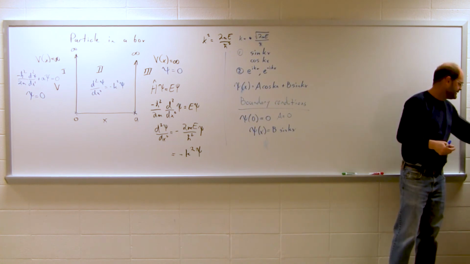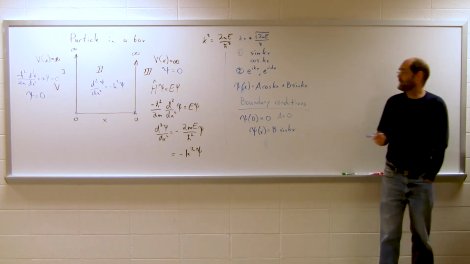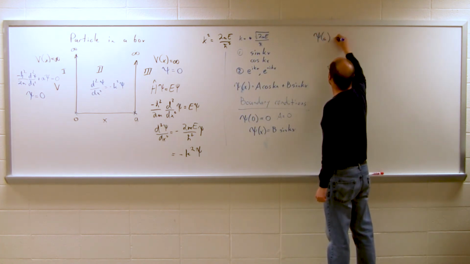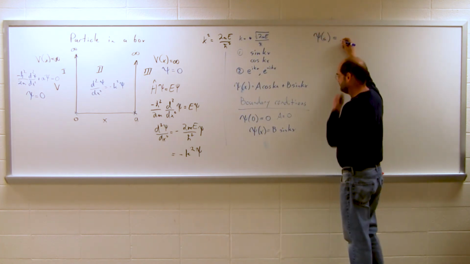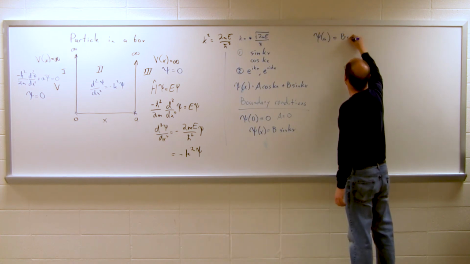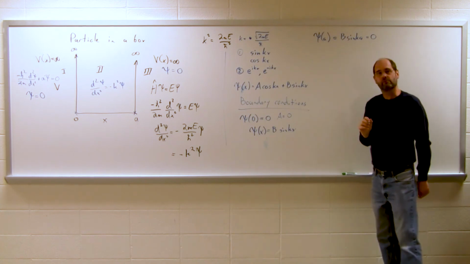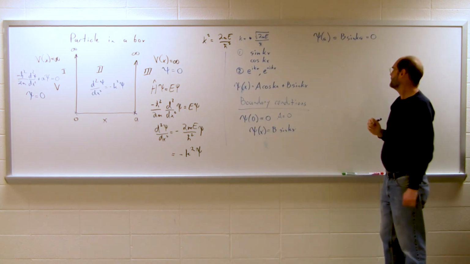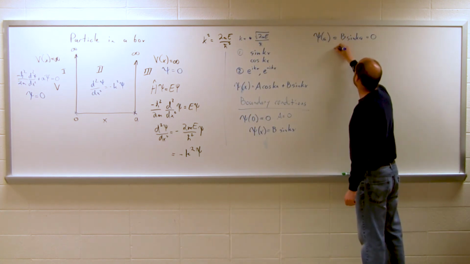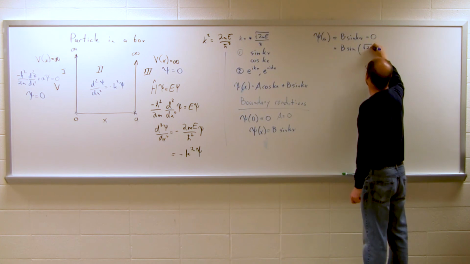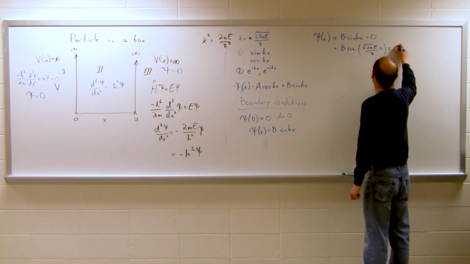What do I use as my second boundary condition? Well, my second boundary condition is that psi of a, which is equal to b sine ka, must also be equal to 0. In other words, equal to b sine of the square root of 2mE over h bar times a, equal to 0.